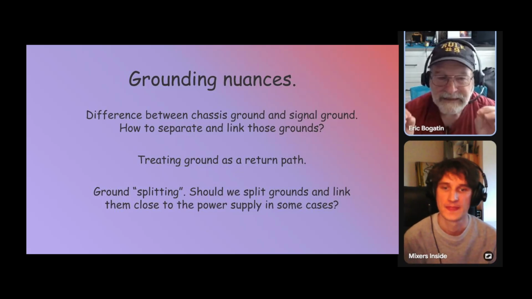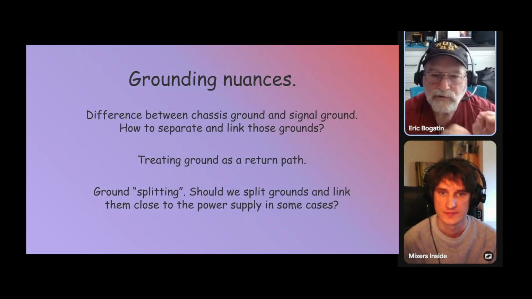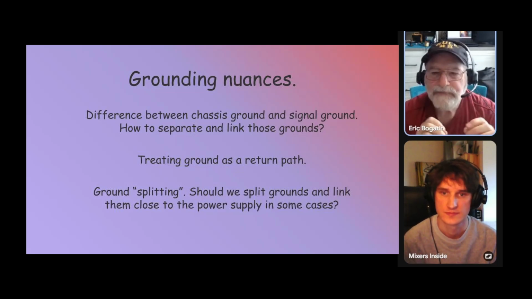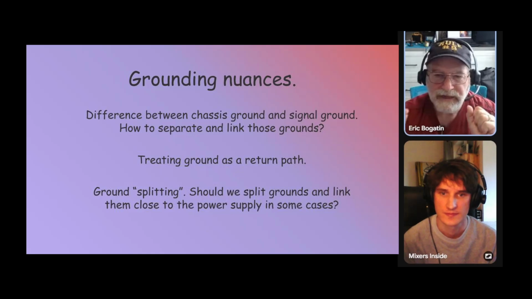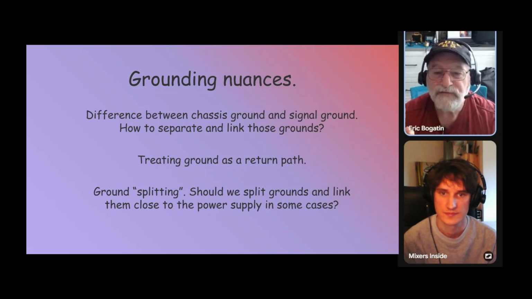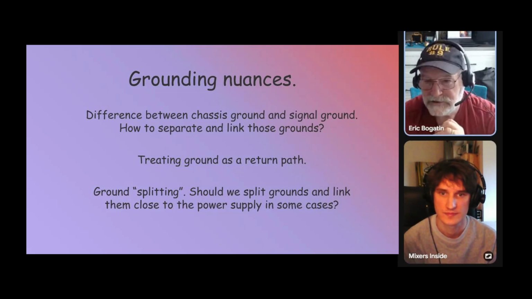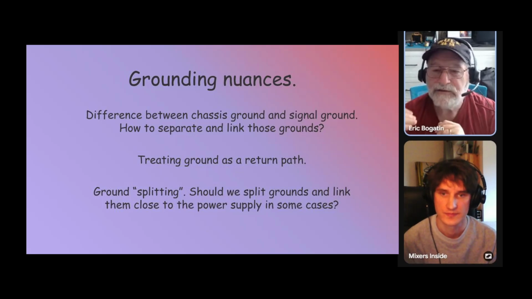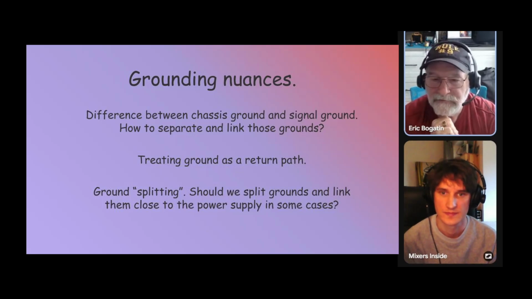Even though it's connected to node 0 or the local ground in the schematic, it's a separate wire that's going from the sensor to the amplifier. And at the amplifier, you can connect it to node 0, the circuit board ground, because there's no current that's going to flow through that.